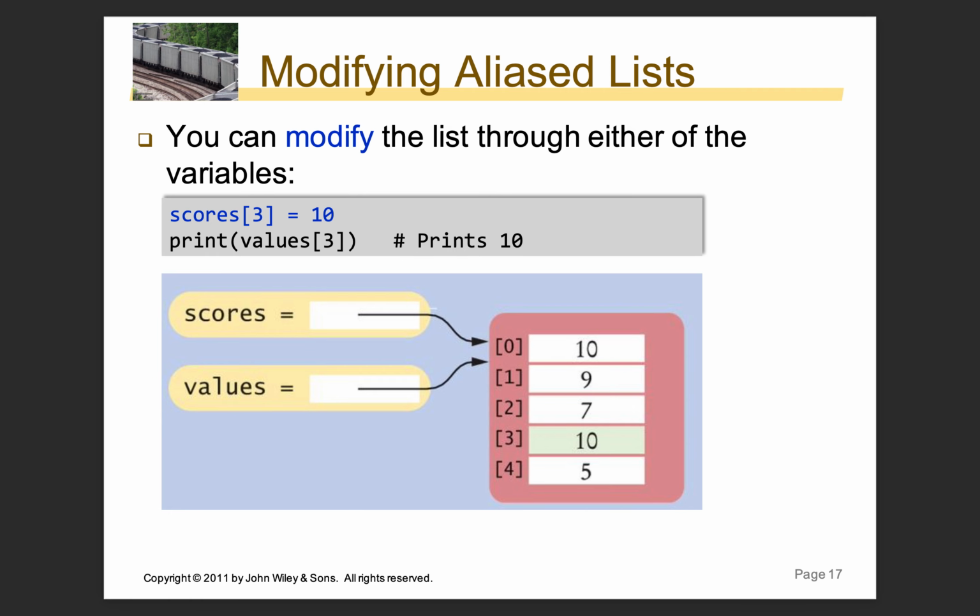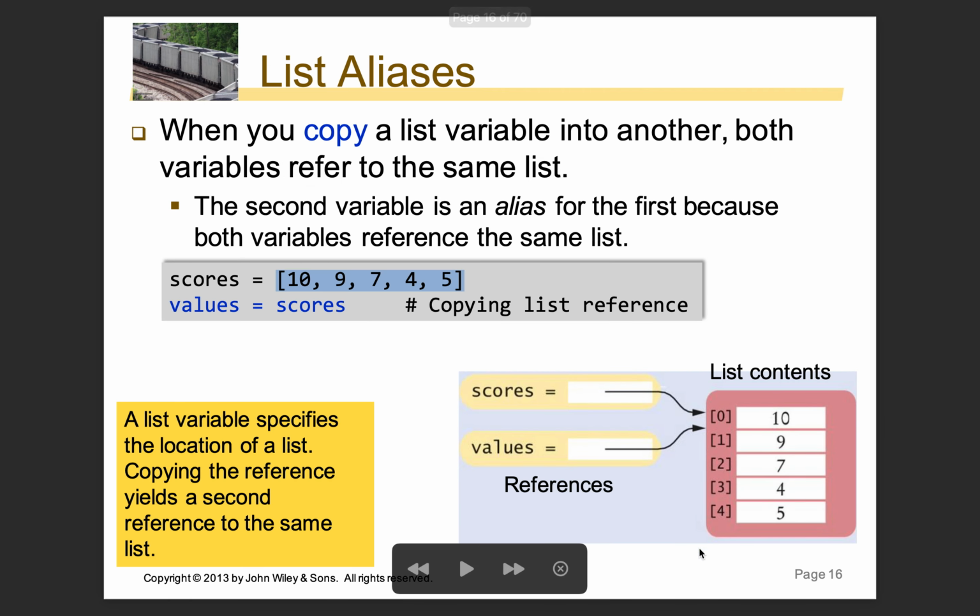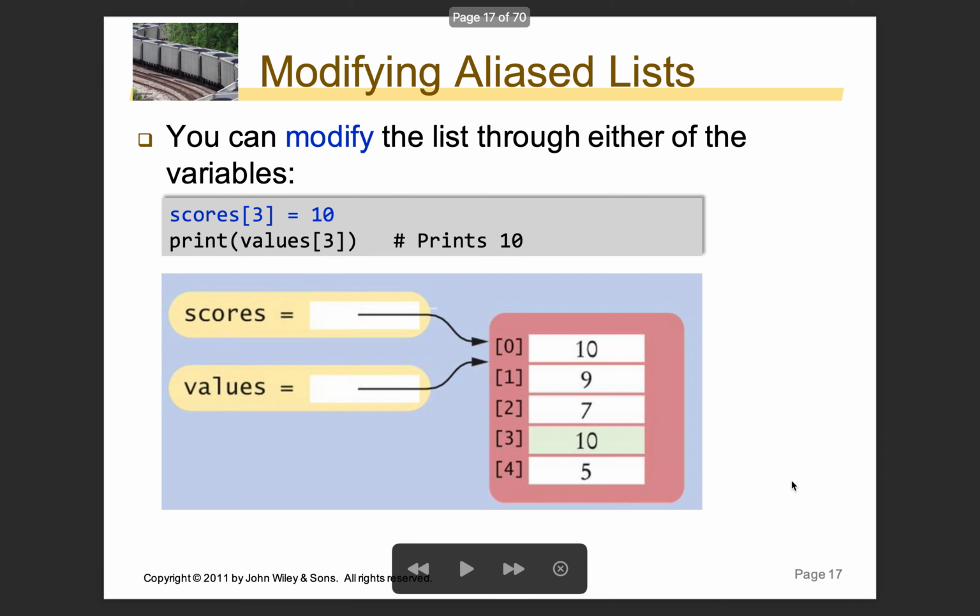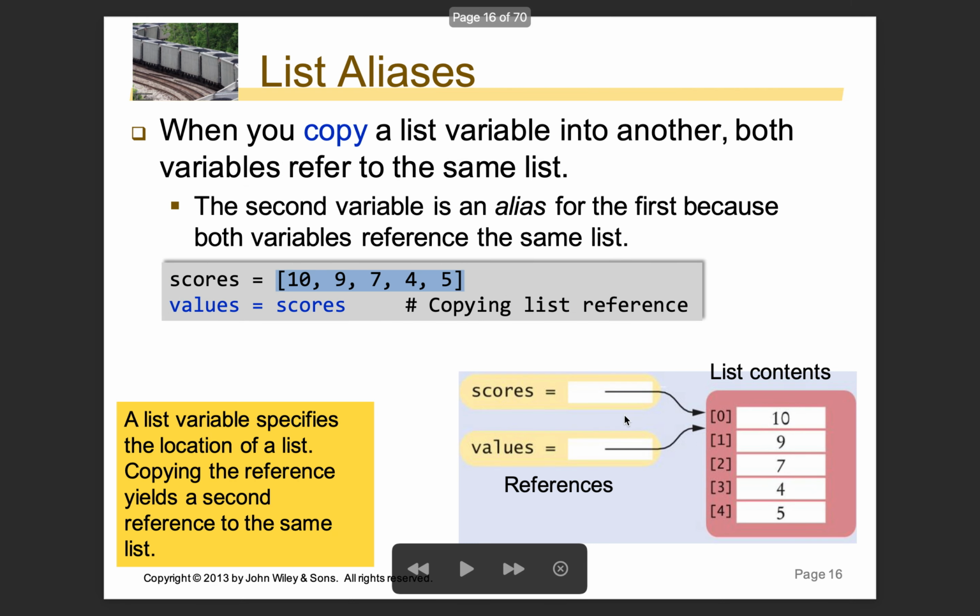Okay, so that's maybe a bit confusing, but if we look at this, initially our list contents when we've declared scores is 10, 9, 7, 4, and 5. That's what it looks like in memory, and there's a reference from scores to that memory location. We then change the value in the third index for scores to 10. Right? So we follow this reference, we go to the position index 3, and we change the 4 to a 10.